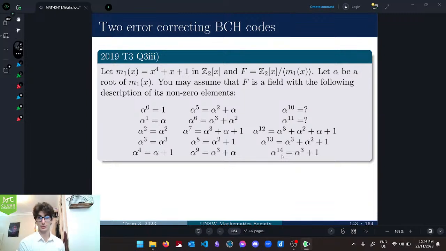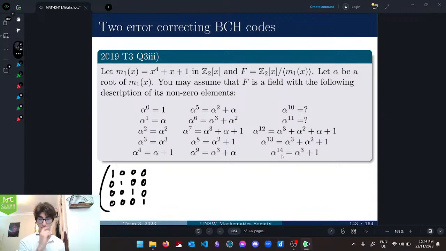Let alpha be a root of M1 of x, and we may assume that F is a field with the following description of its non-zero elements. So alpha to the 0 is 1, alpha to the 1 is alpha, alpha to the 2 is alpha squared, alpha to the 3 is alpha cubed. So all very standard. That corresponds to 1, 0, 0, 0, 0, 1, 0, 0, 0, 0, 1, 0, 0, 0, 0, 1.